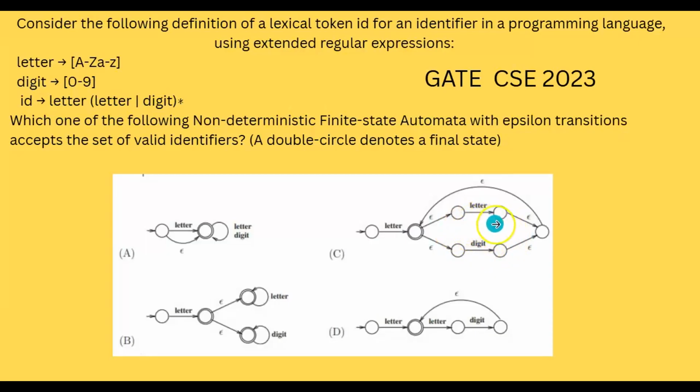So this option C correctly represents the format. Option D, again you can have the first character letter, then this specifies the sequence letter then digit, but actually we can have a combination of letters and digits in any order. So the option C is the right answer.